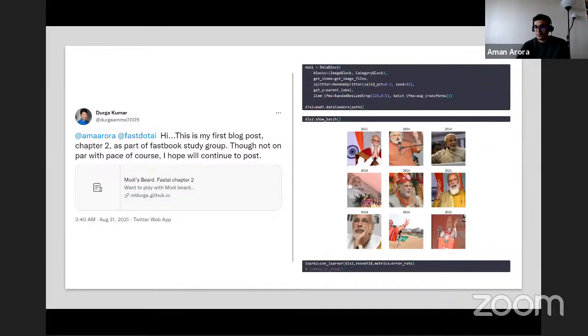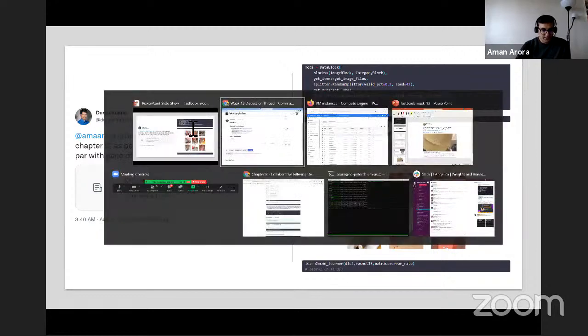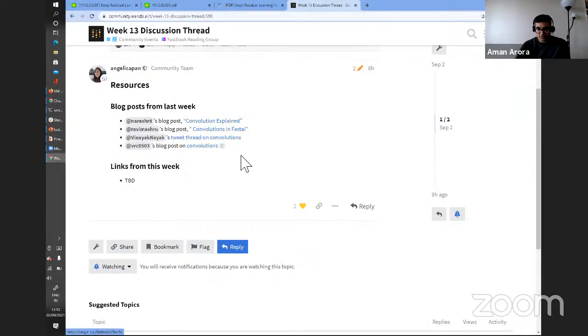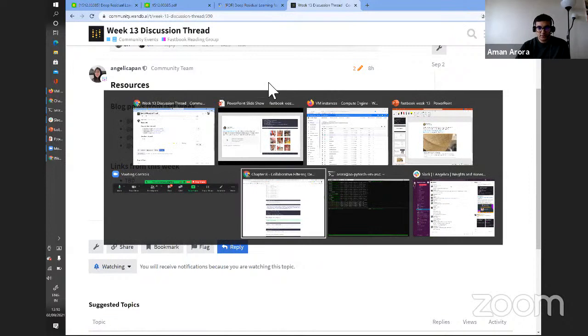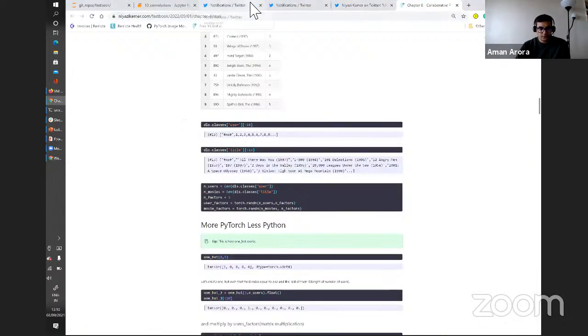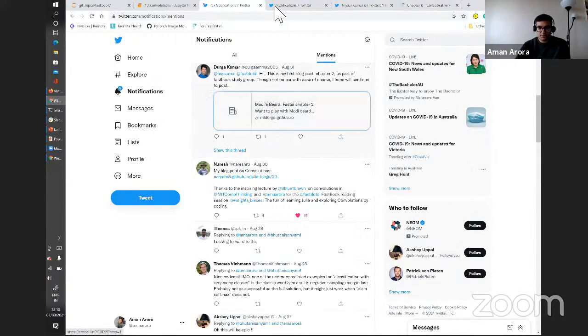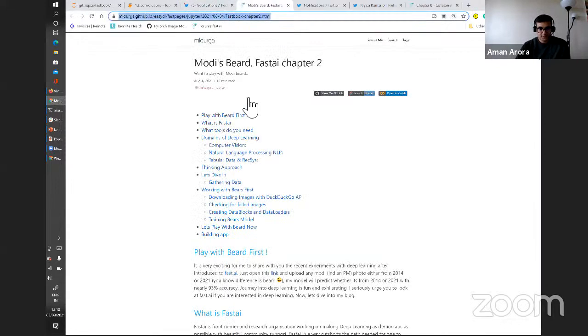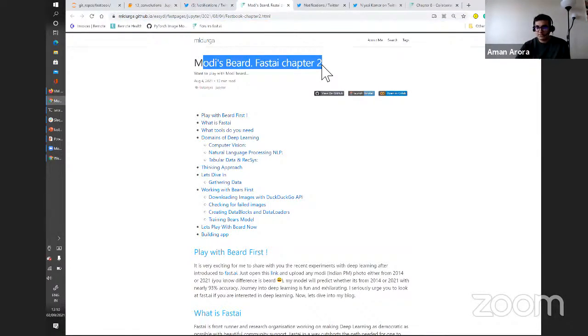One of my favorite ones, though, which I just found out about 20 minutes ago, is Prime Minister Modi's beard detector. I'm not sure if this is here. It is not, so let me find it on Twitter. It's this one. Let me go to this blog post. What Durga has done, he's just catching up with FastAI, and it's so exciting to see that he's writing this about FastAI chapter 2.